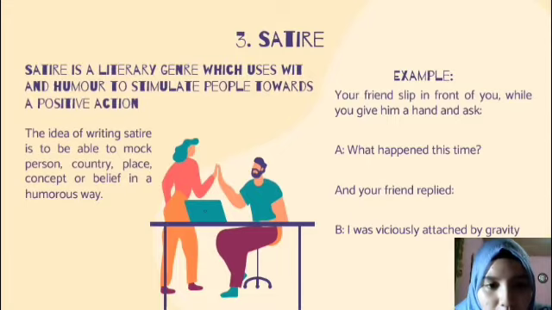The idea of writing satire is to be able to mock a person, country, place, concept, or belief in a humorous way, so that it might have an impact on that group and cause them to change in the long run. Like this example, your friend falls in front of you while you give him a hand and ask, what happened this time? And your friend replied, I was viciously attacked by gravity. That is the example of satire.